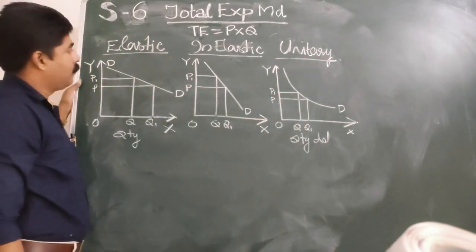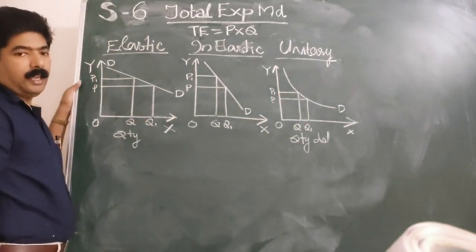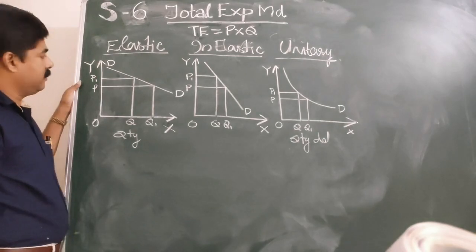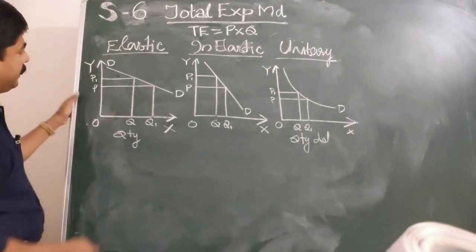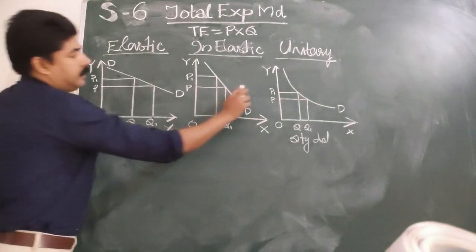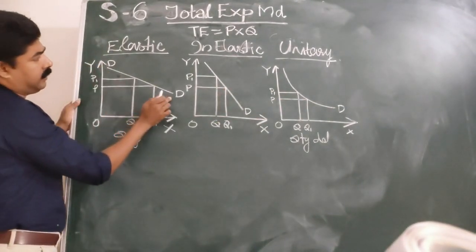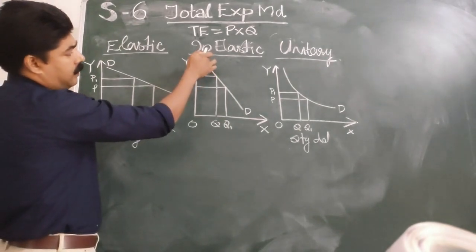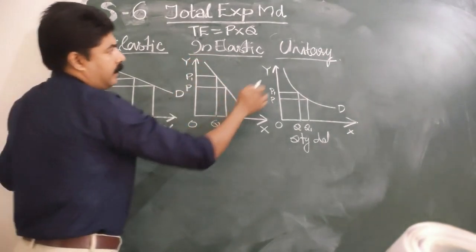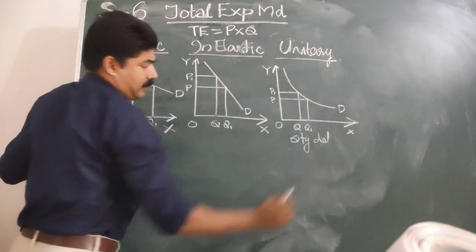And what is elastic demand? We look at the diagram. Among the three demand curves, elastic is flatter, inelastic is more vertical, and unitary is a curve.